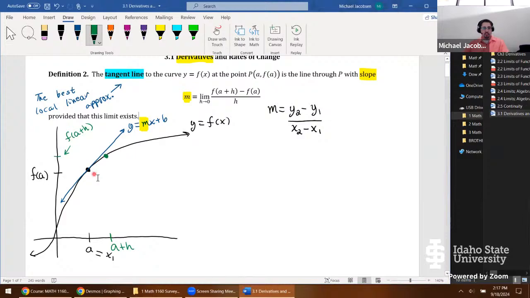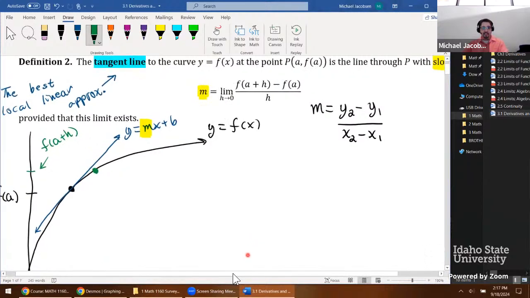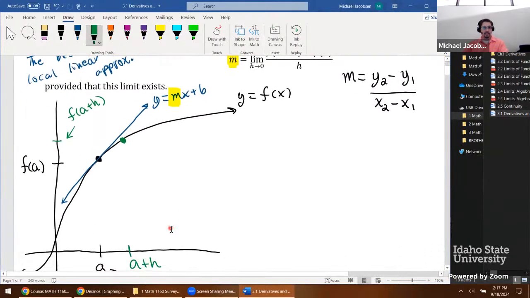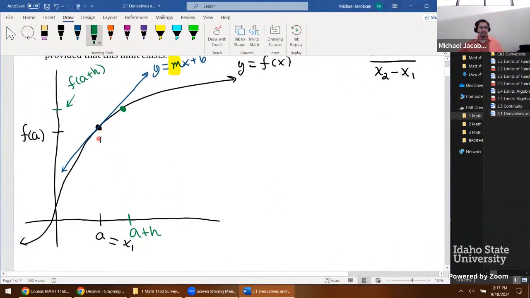And now here's the next issue. If I use that second point, we're not actually producing a tangent line any longer. What we have is what is called a secant line. So let's zoom in on this again and draw this out carefully. The secant line connects with the point in question. We wanted the tangent line at a, but it's also going to have to connect through this point at a plus h.